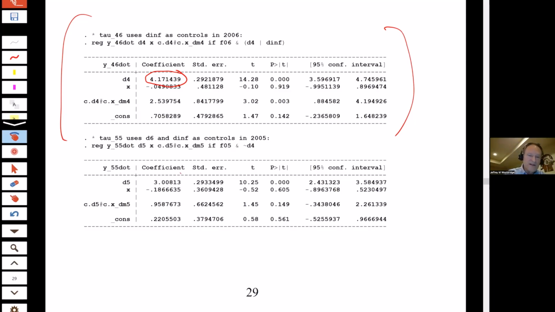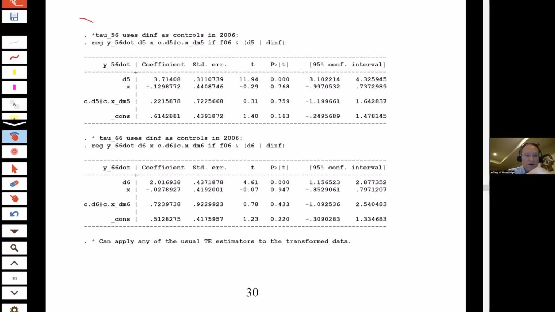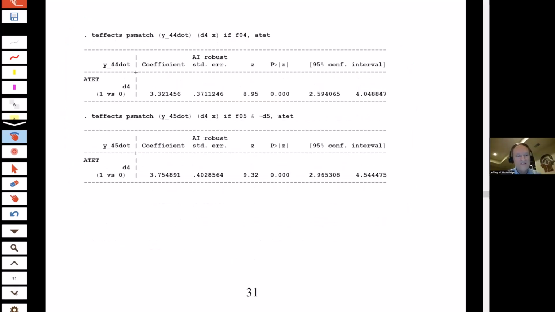Here's the immediate effect for the next cohort, first treated in period 5, and so on. So this is regression adjustment, but we can apply any of the usual treatment effects estimators. I'm just going to roll through these so you can see the logical statements are exactly the same as they were before.